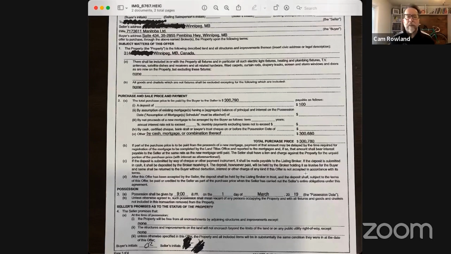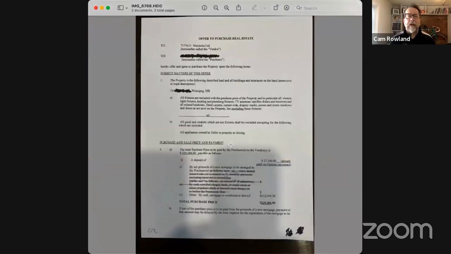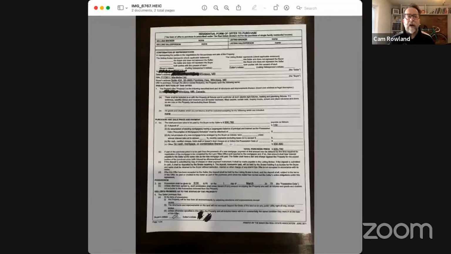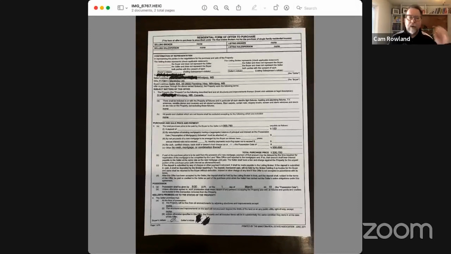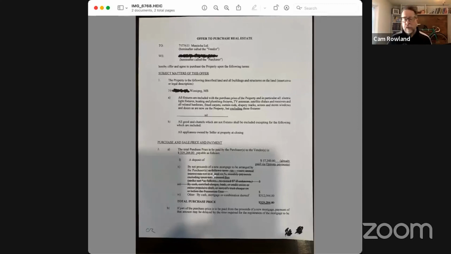Now what I'm going to do is show you the offer to purchase with a tenant buyer. And it's a different looking contract simply because this one here is the standard MLS contract. This one here is done up by my lawyer, and there's reasons why I do that. I won't go into detail here.